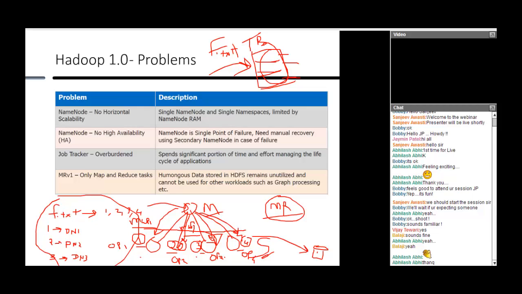So master node is the only person who knows about this information, and if you want to access the data in your Hadoop cluster, you have to rely on master node, because that is the only person who knows where your data is stored and how do you access your data, which file make up which part, right? Because imagine that there are multiple files of such terabyte size stored on Hadoop cluster.